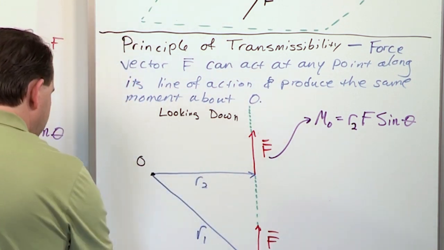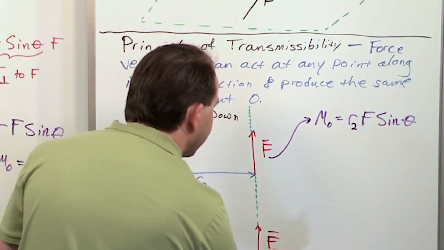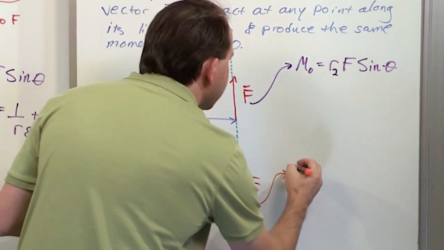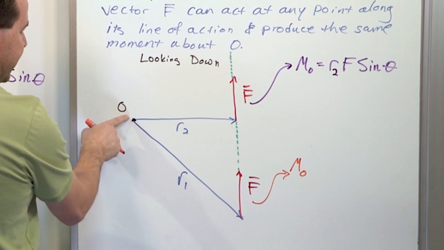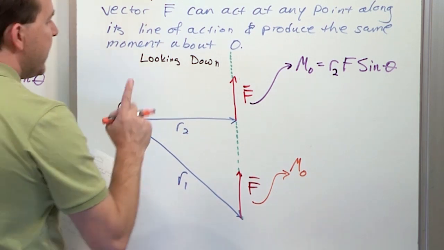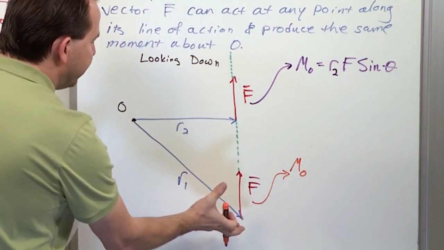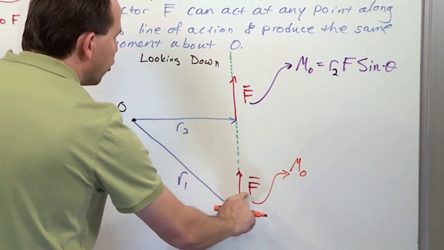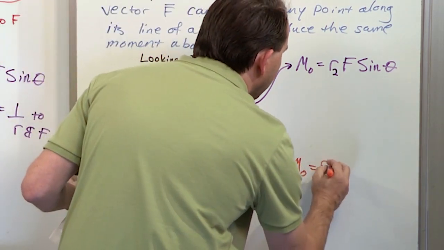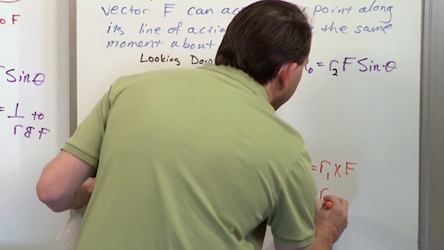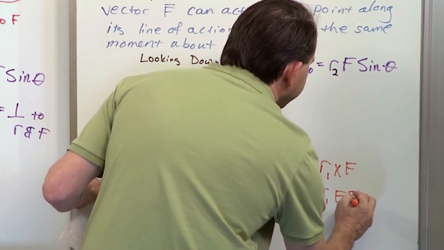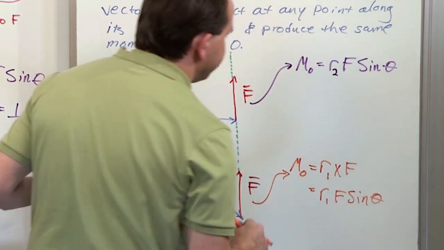Then, if we go down here, what we're saying here is that the moment produced about the same point here, in this case, is just a cross product of two vectors. It's R1 crossed with F, which is R1 times F times the sine of the angle between them.